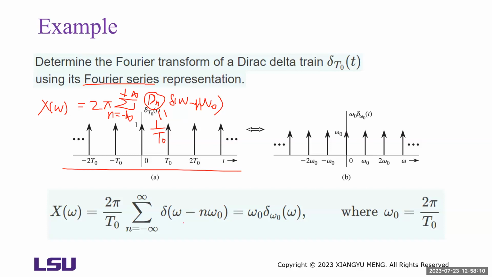We know that 2 pi over T0 is just omega 0. So this is an impulse train scaled by omega 0. Now the period T0 becomes the frequency omega 0.